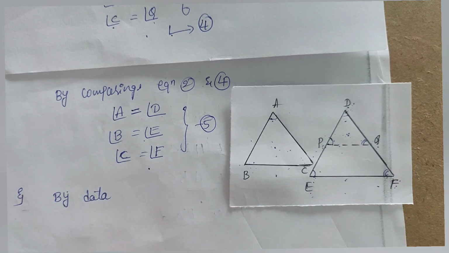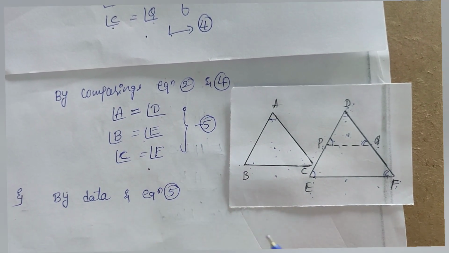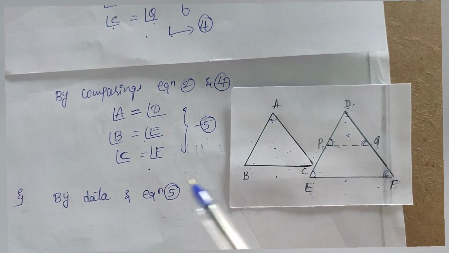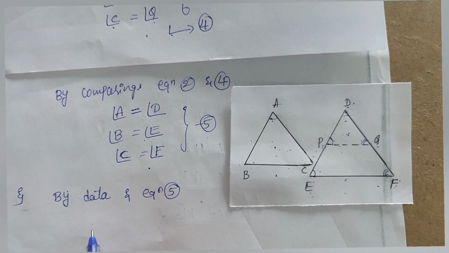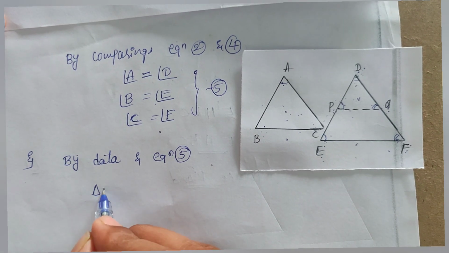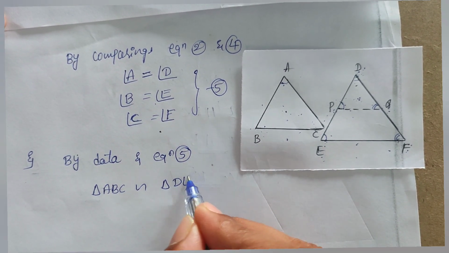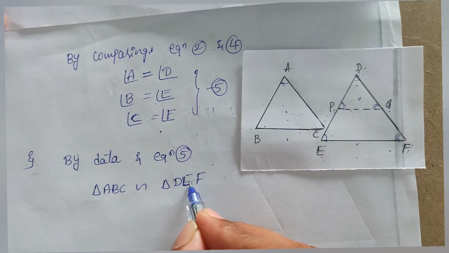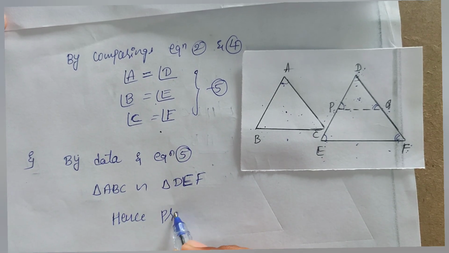We just proved that by data and equation 5 we satisfy the similarity condition. Therefore we can easily write triangle ABC similar to triangle DEF. This is the required thing, hence proved.